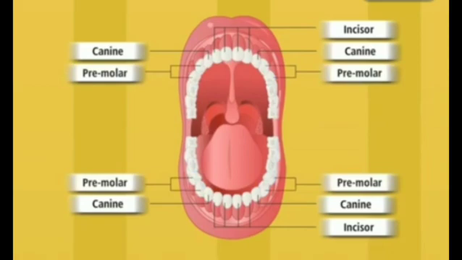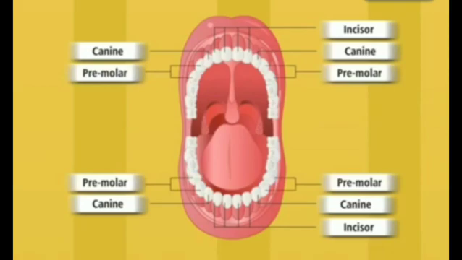In the upper jaw and lower jaw, next to the canine there are again two arrows on both sides. So the total number of premolar teeth is 4 in the upper jaw and 4 in the lower jaw. Clear? These teeth are used to grind and break the food into fine pieces, and these are known as premolars.